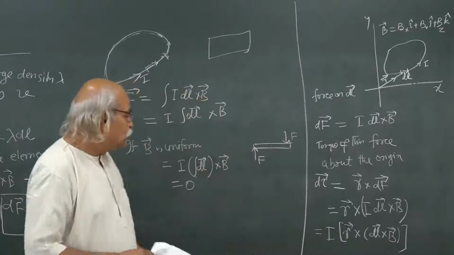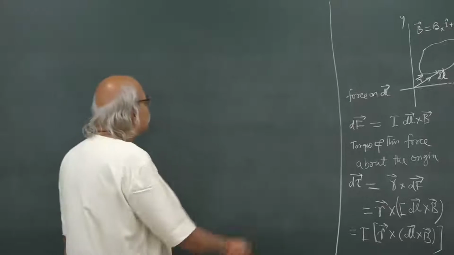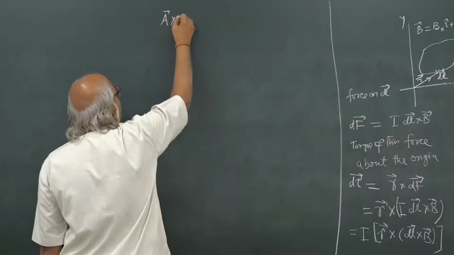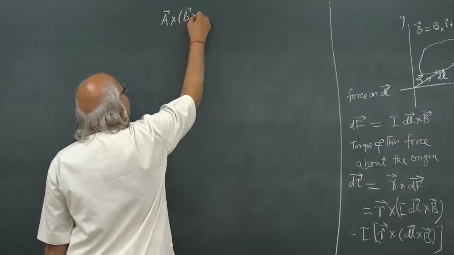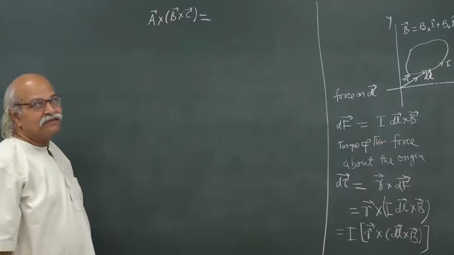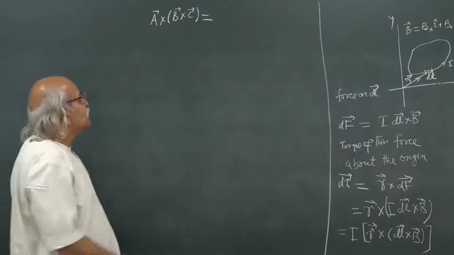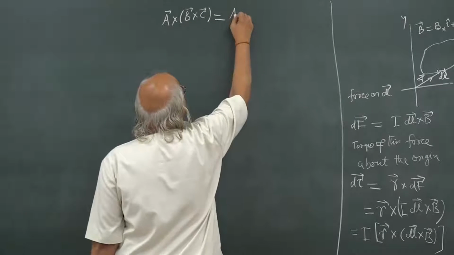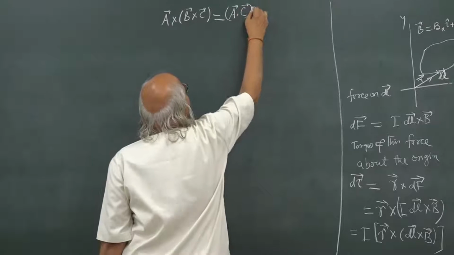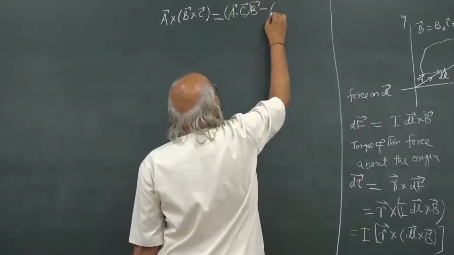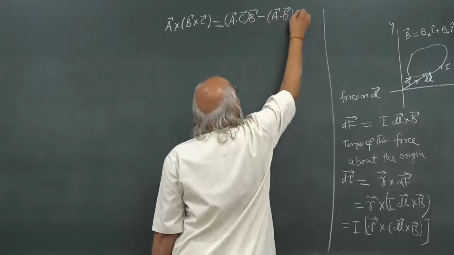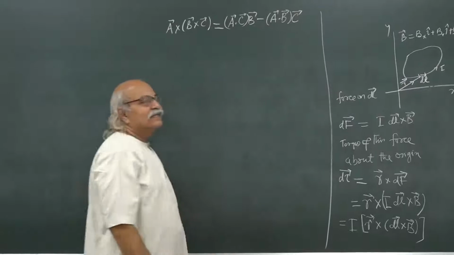Okay. Now, to simplify this, remember this relation A cross B cross C. In elementary vector algebra, you must have done this. It will be A dot C vector B minus A dot B vector C. Okay, this is an identity.